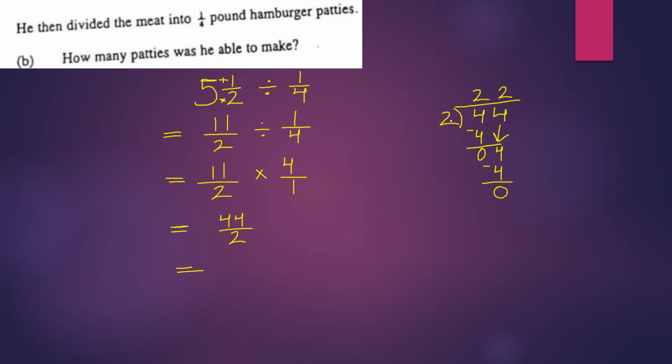So 2 times 22 is 44, which means 44 divided by 2 is 22. So if he cut the 5 and a half pounds into quarter pound burger patties, he's able to make 22 patties.